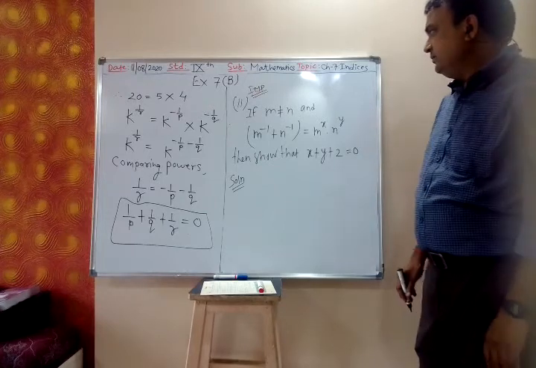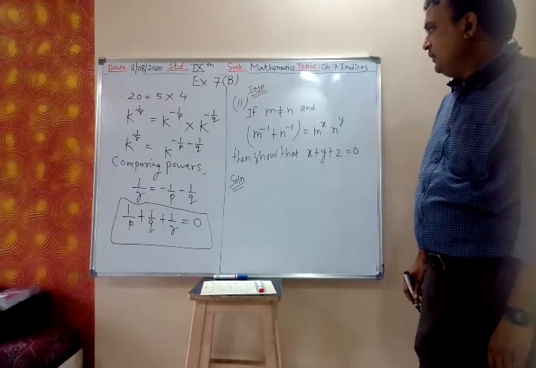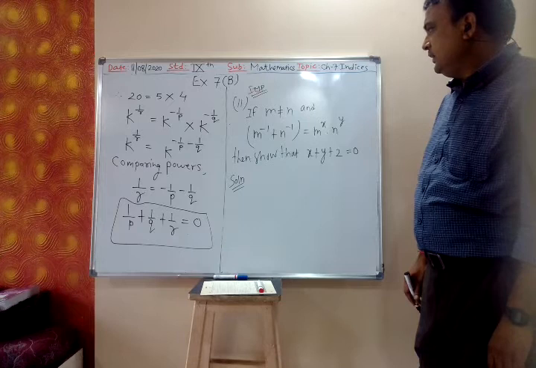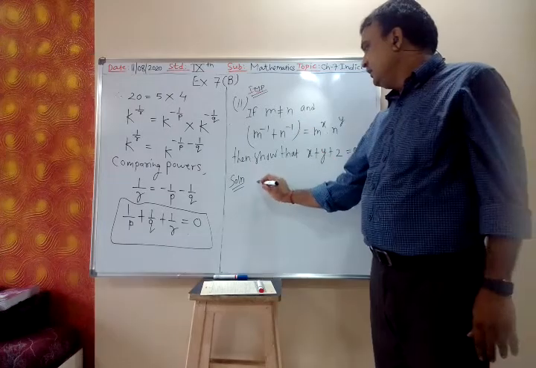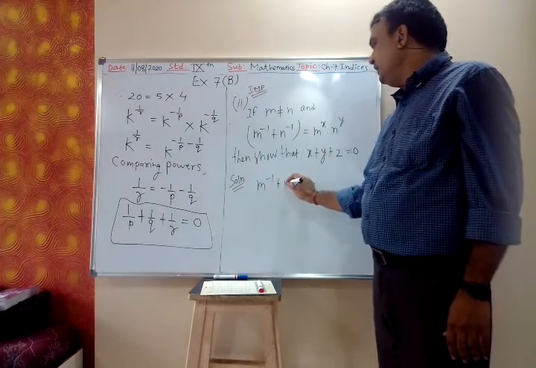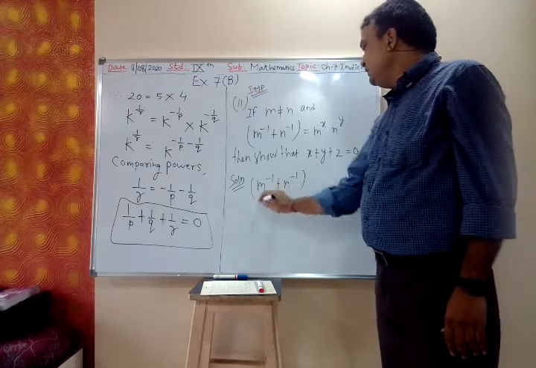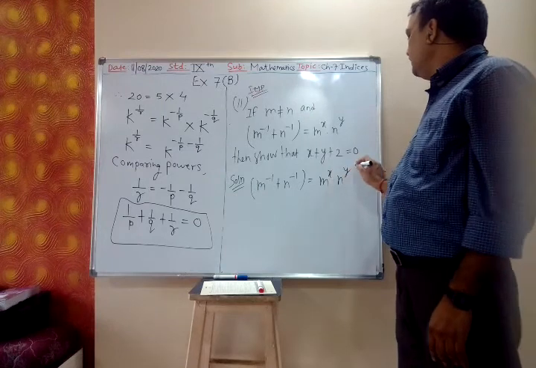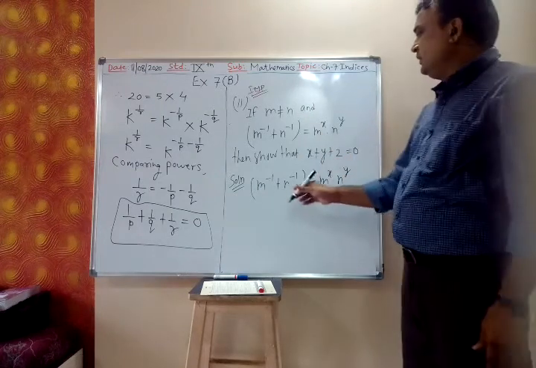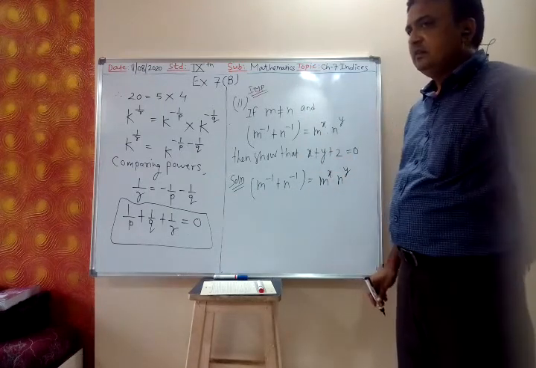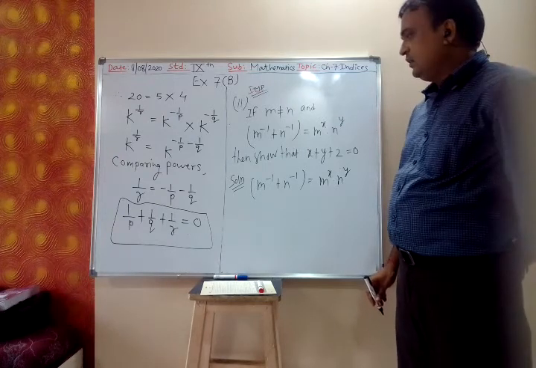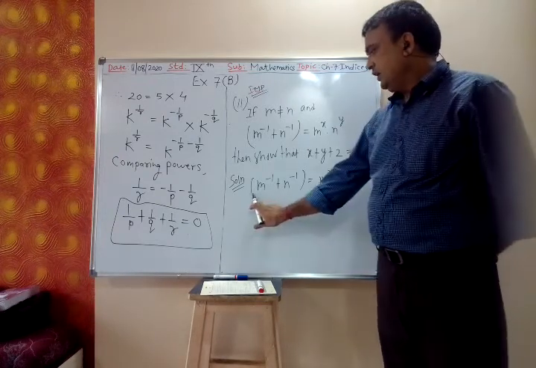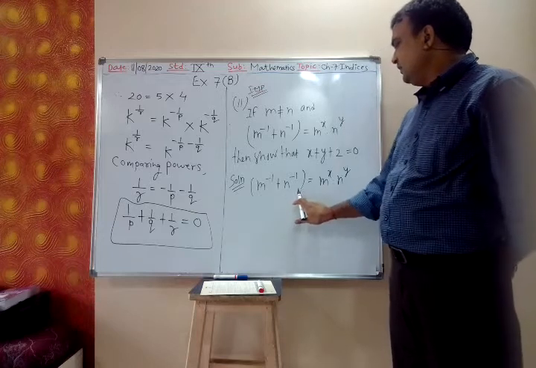So what are we given? m raised to minus 1 plus n raised to minus 1 is equal to m raised to x into n raised to y. We are given this. m and n are different numbers.